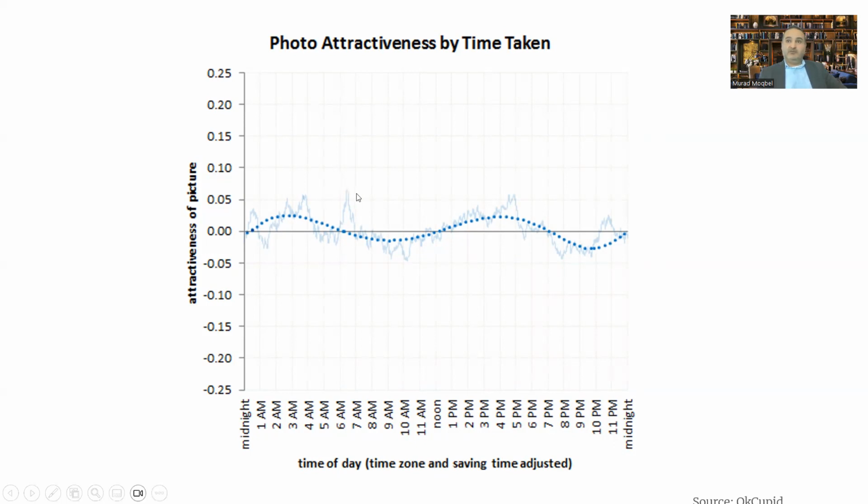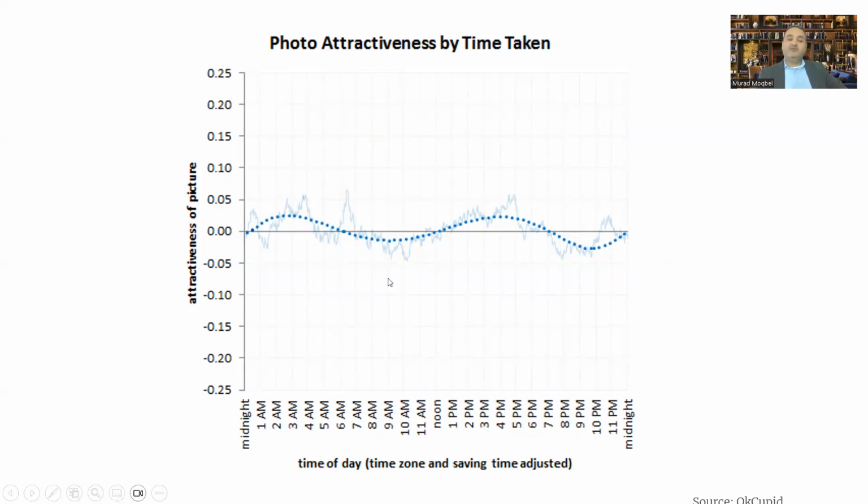So for example, for attractiveness, it seems that 6:30 in the morning is the best time, where people were rated highly attractive when they take their pictures at 6:30 a.m. And those who take their pictures around 5 p.m., right? Those are the highly attractive times for attractive people, to show your picture to be attractive.